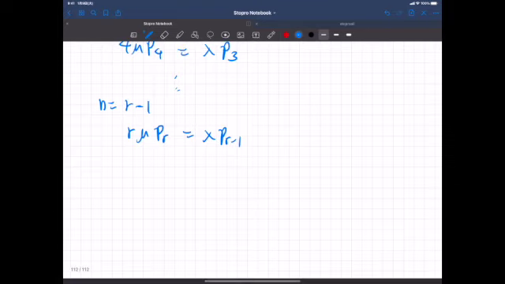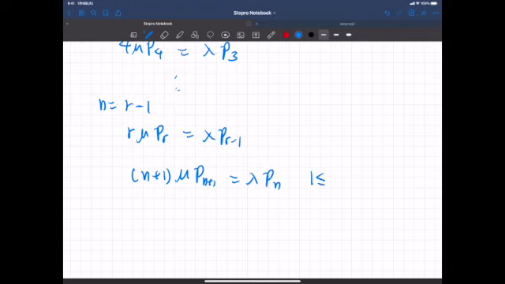And in general, we have (n plus 1) mu p_{n+1} equals lambda p_n if n is between 1 and r, not including r itself.